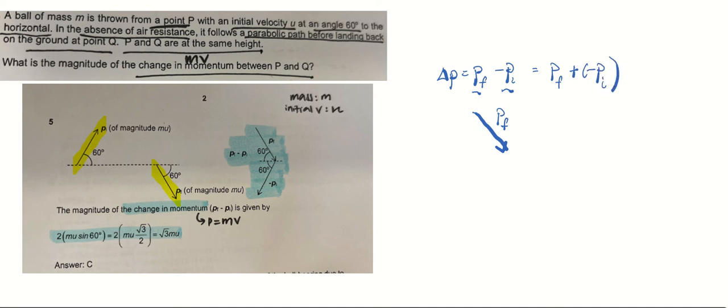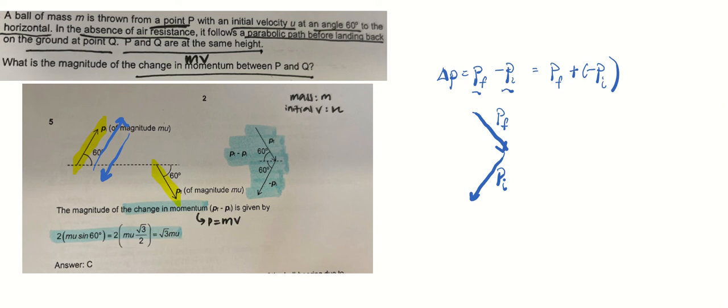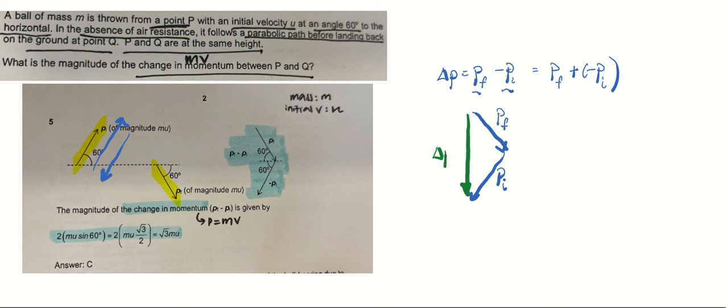Your initial is pointing in this direction, so your negative will be pointing in the opposite direction, and that will be your initial momentum. Since a change of momentum is final plus negative initial, this vector will represent your change of momentum.